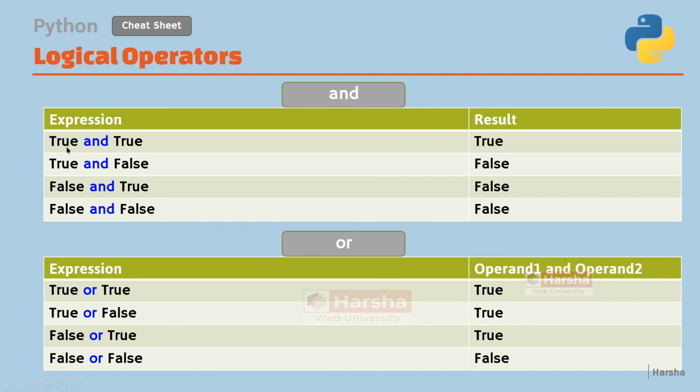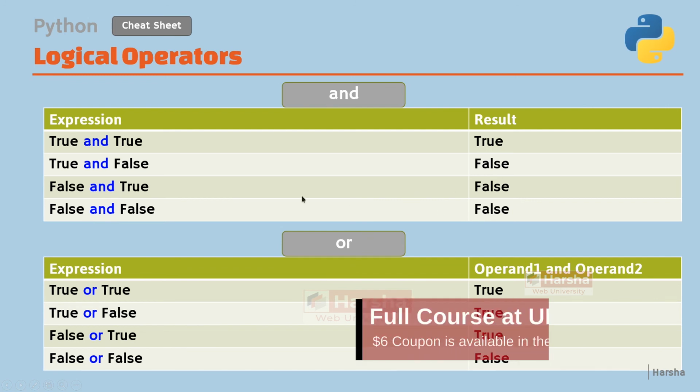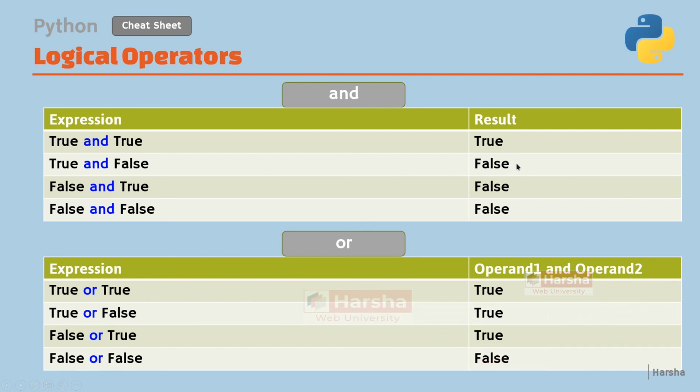For example, true and true is true. True and false is false. False and true is false. False and false is false. Okay, you need not memorize all this. See, the AND operator gives you true only one time, that is, whenever both operands are true. In all the remaining cases, it is false.